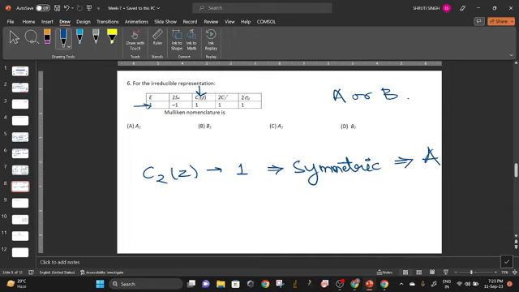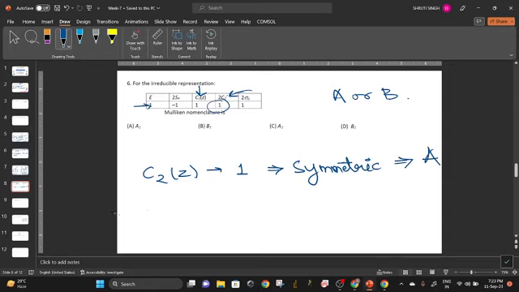Sorry, not the plane, the other axes. So this is the subsidiary axis. Now it is also symmetric with respect to the subsidiary axis, which is the C2 dash.